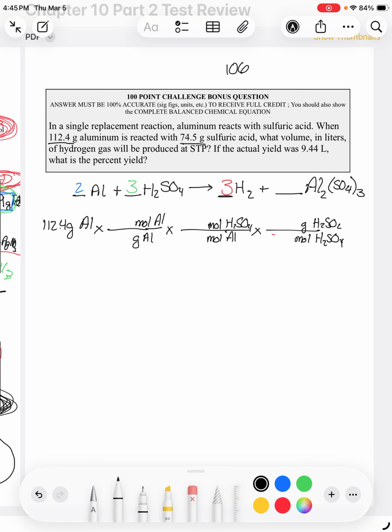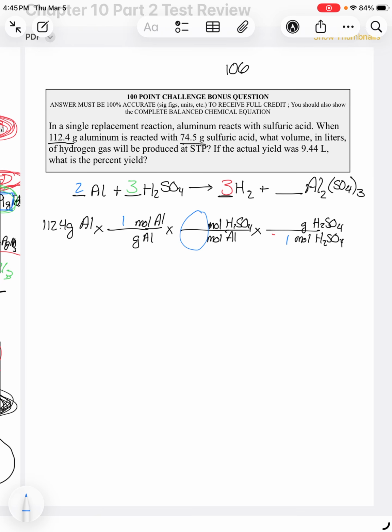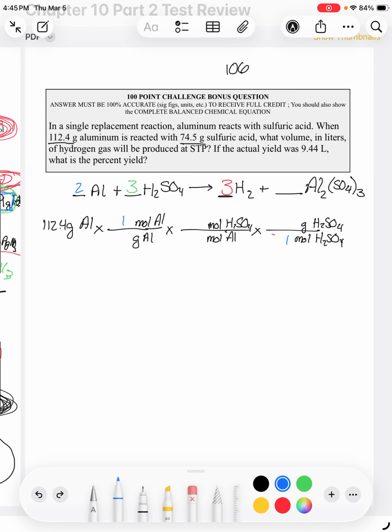Go ahead and plug in those numbers. We're going to go quickly through this. Our coefficients are 2 and 3. Grams of aluminum. Aluminum's molar mass, table in front of me.